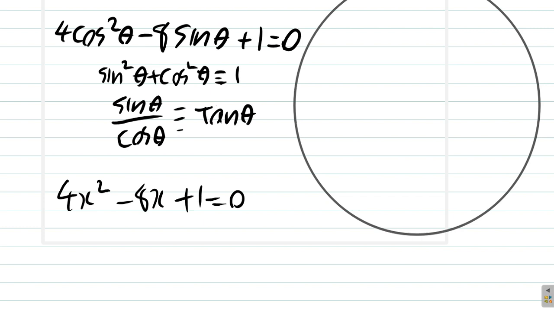You see that? The problem is that you cannot have x being the same as cos squared theta and the same x as sine theta.